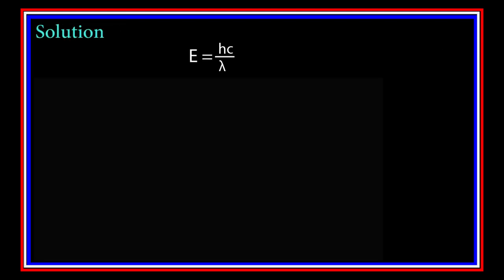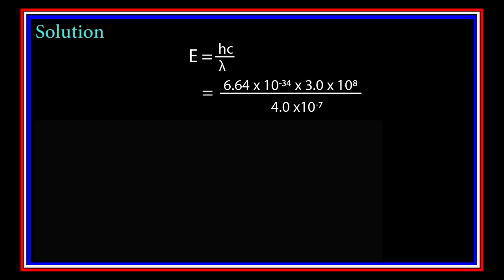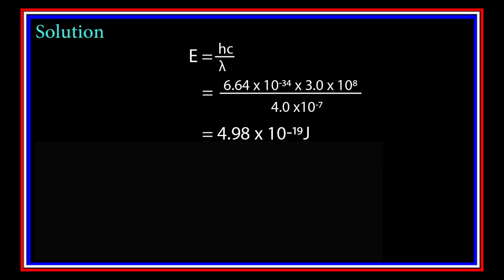E is equal to hc over lambda. This is equal to 6.64 times 10 to the power negative 34 times 3.0 times 10 to the power 8 over 4.0 times 10 to the power negative 7, which is equal to 4.98 times 10 to the power negative 19 joules.